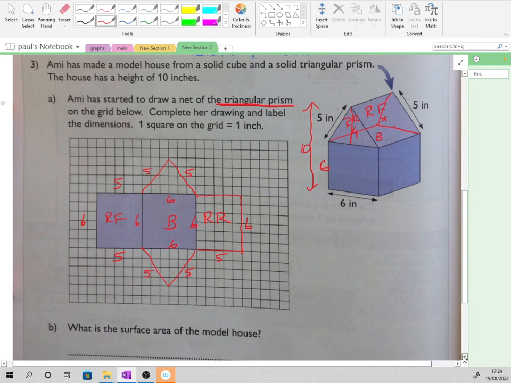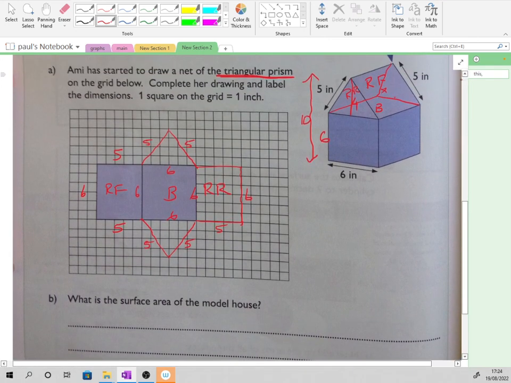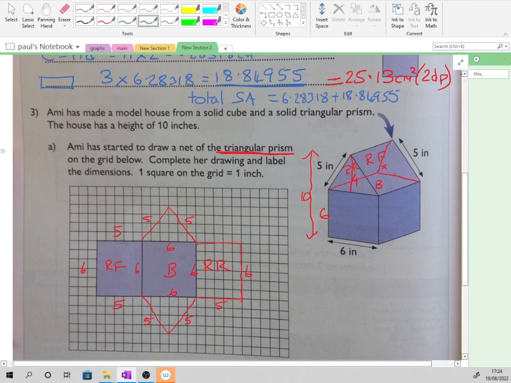What's the surface area of the model house? Oh, the whole thing now. Right. So how many different bits have we got to do with this? We've got the cube. Yeah, it's a cube, that bottom bit, right? The model house is from a solid cube.